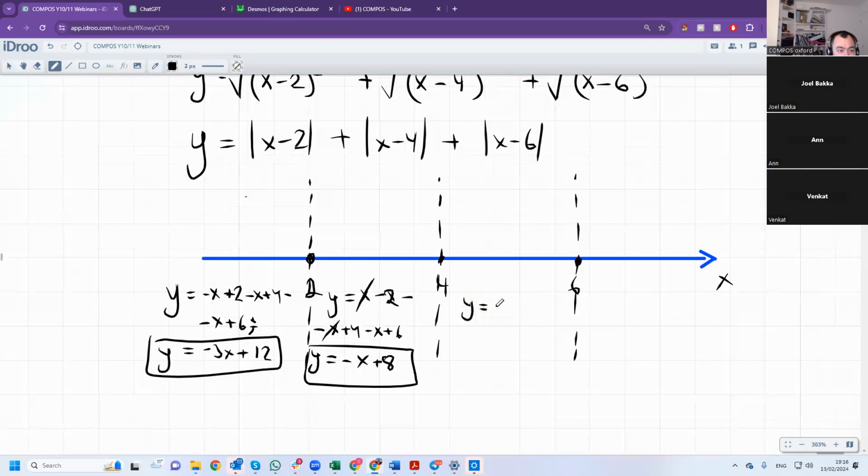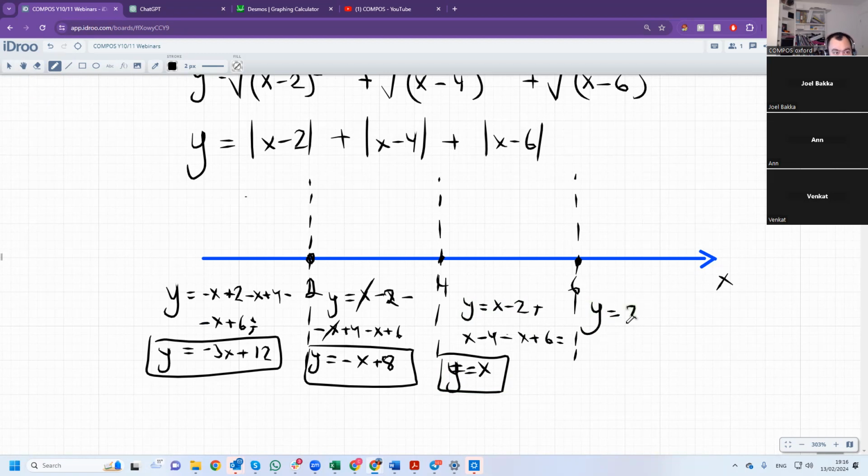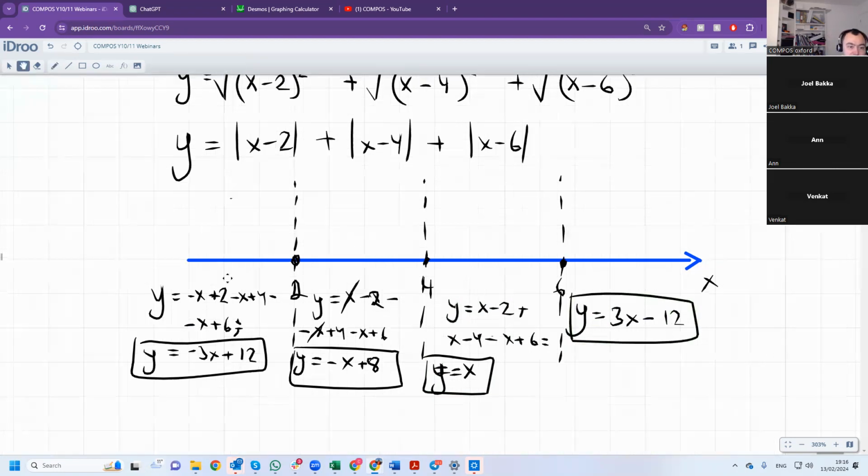So y is x minus 2 plus x minus 4 minus x plus 6, which gives us just y equals x. Oh, that's cool. That's massively cool. And finally, we have all positive, so 3x minus 12. Beautiful.